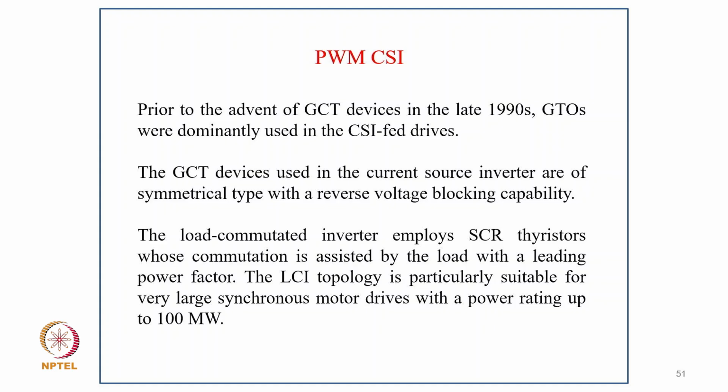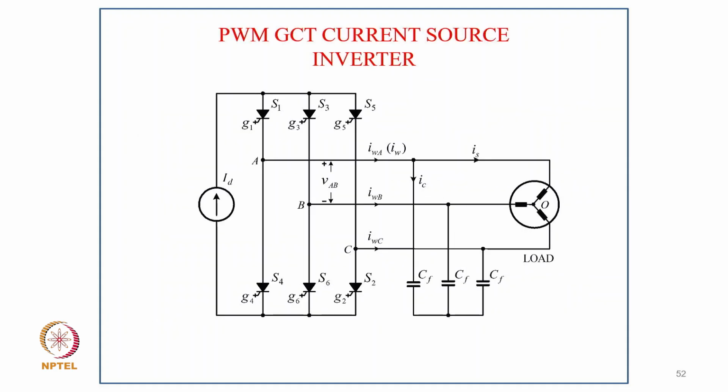The load commutated inverter employs thyristors whose commutation is assisted by the load with a leading power factor, and this topology is particularly suitable for very large synchronous motor drives with a power rating up to even 100 megawatts. And these are typically with the GTO, with the capacitor filter and the load like an induction motor or any other motor.